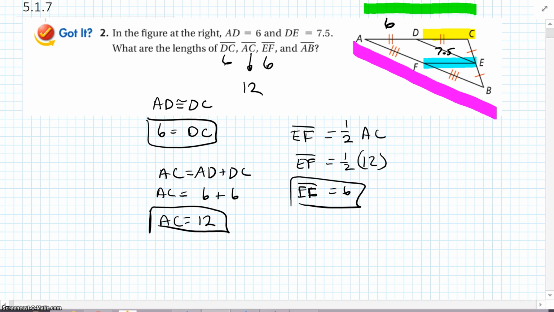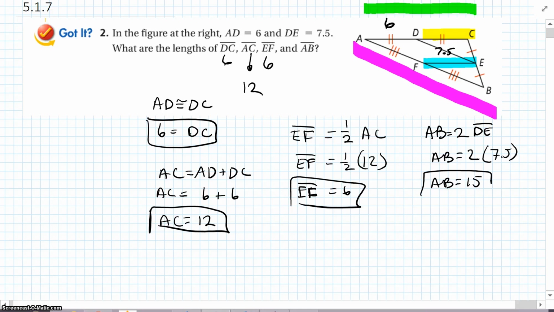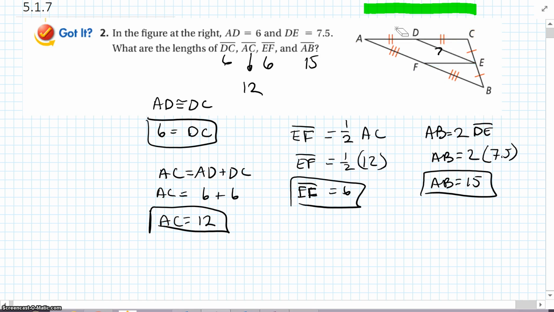So AB, well, we know AB is equal 2 times DE, so AB is equal 2 times 7.5, so AB must be equal to 15. Make sense? Mid segments.